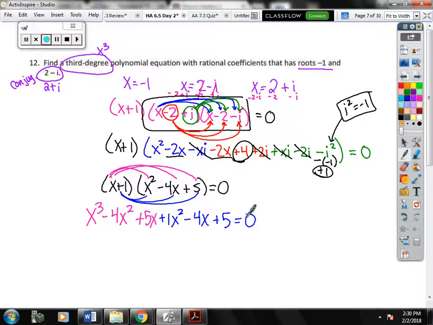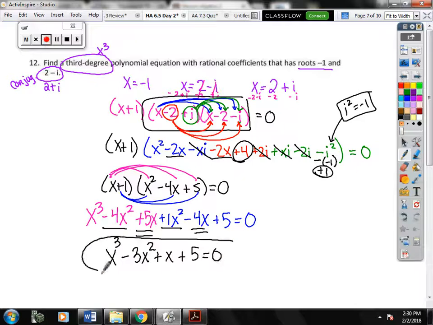And then just go ahead and collect all your like terms and put it in standard form. And that's our final answer.